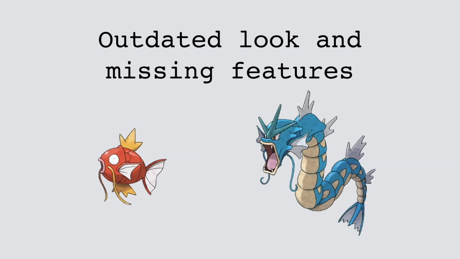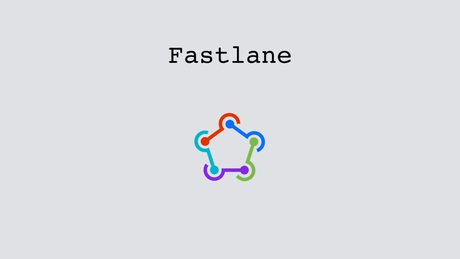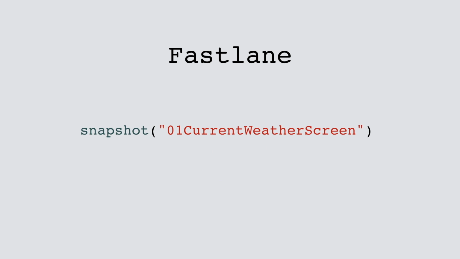And the reason why I talk about this is because if you have been a good citizen and already added your UI tests, you can use something like Fastlane to actually generate screenshots automatically. Fastlane, for those who don't know, is an open source tool that you can use.